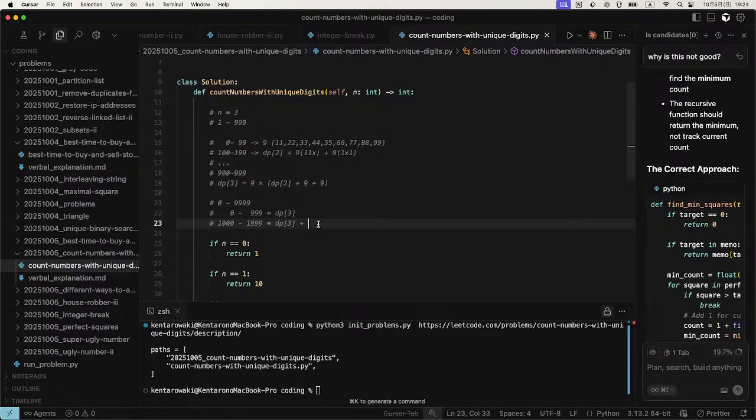We can add 1, and how about 11xx, 1x1xx, 1x1xx1. Yeah.